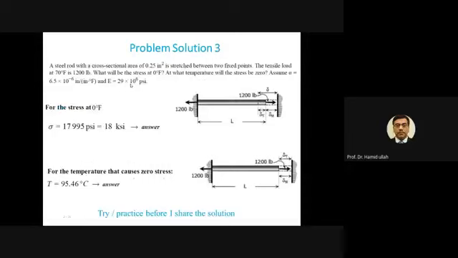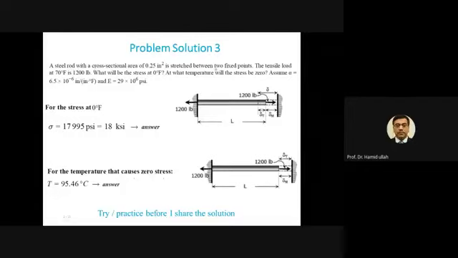Similar type of things you can see. There is a body, again subjected to thermal effects, and some loads are there in this case. Again there is some elongation because of the thermal effect, and there will be elongation because of the reaction from the support. In this case the material is changed: instead of bronze, it is steel.